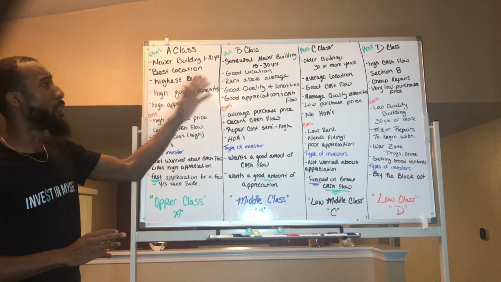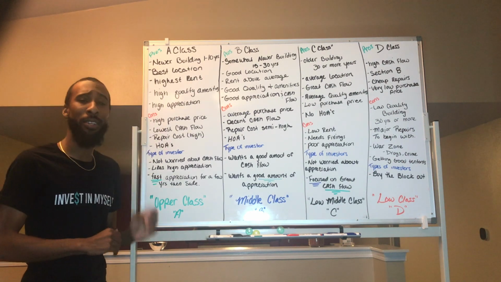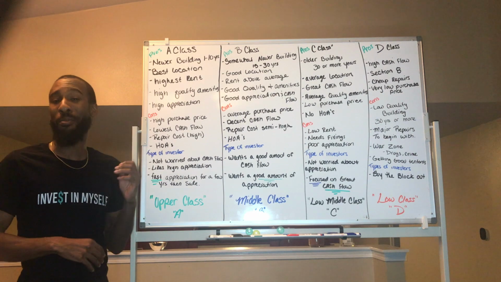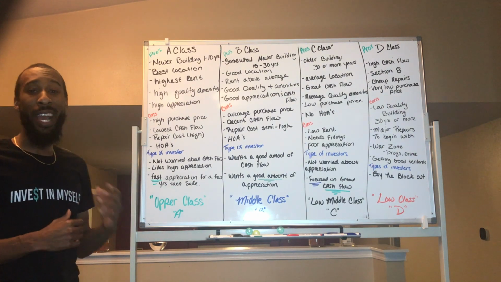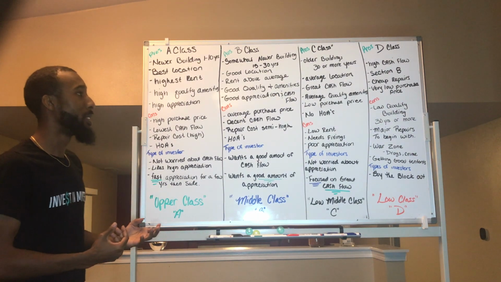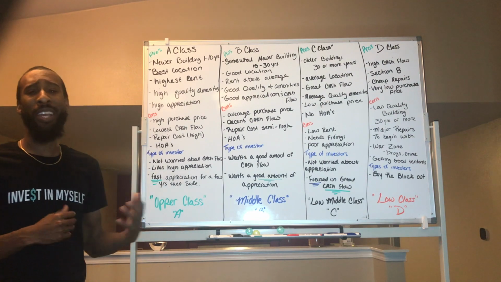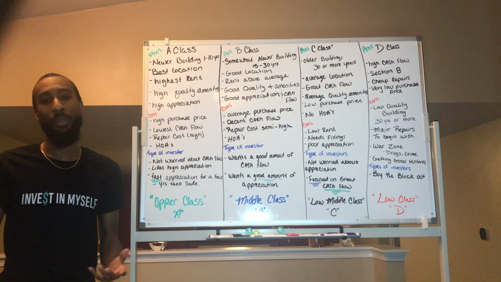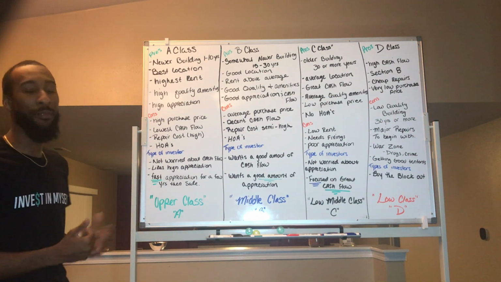The property is going to be a little older. We're looking at probably around that 30-year or more mark for the Class C properties. The location is going to be pretty average. It's not going to be the greatest location, but it won't be the worst location. It's going to be a pretty average location.